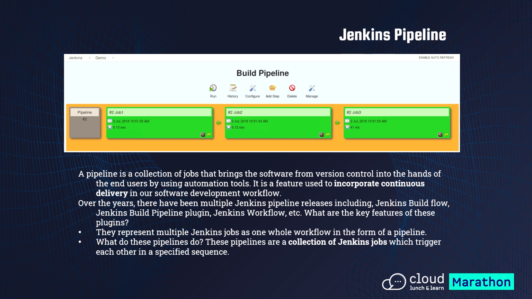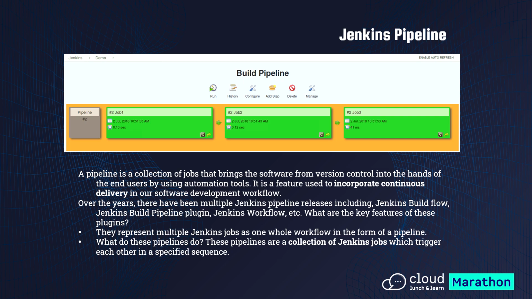What are the key features of these plugins? They represent multiple Jenkins jobs as one whole workflow in the form of a pipeline. What do these pipelines do? These pipelines are a collection of Jenkins jobs which trigger each other in a specified sequence. Let me explain this with an example. Suppose I am developing a small application to deploy. I want to build, test and deploy it.